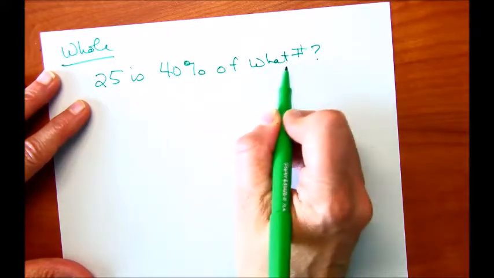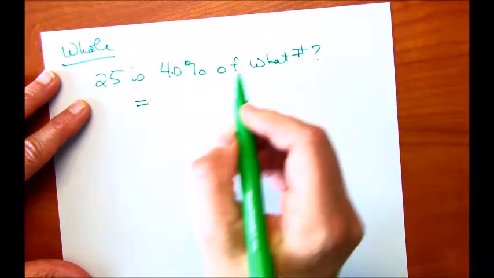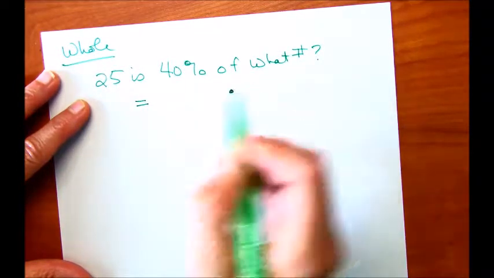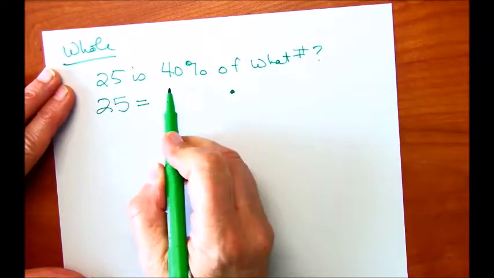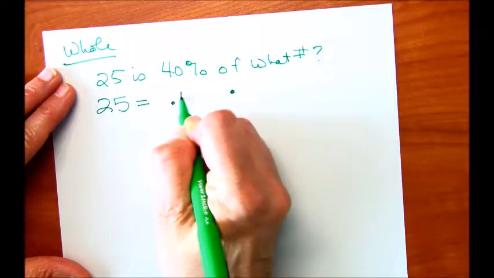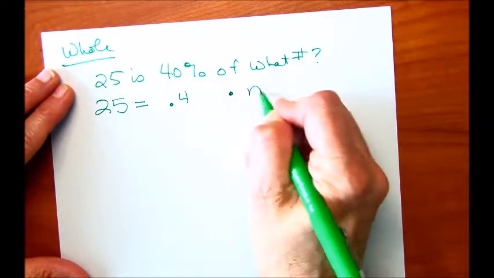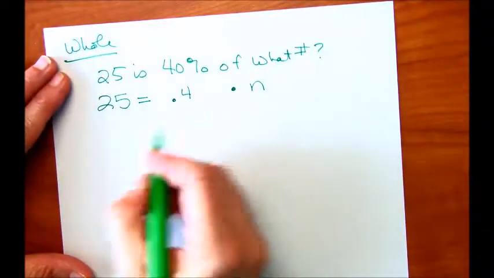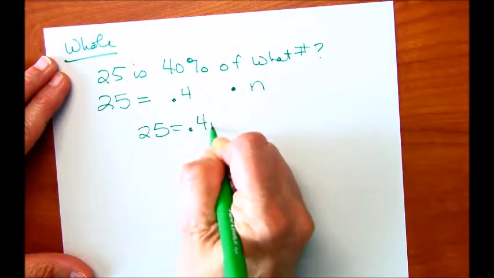This will represent our whole. Remember, is means equal, and of means multiply. So we just bring down the 25 equals 40% as a decimal, which is 0.4 or 0.40. And we don't know what this is, so we're just going to have n. And if you want to tighten it up and make it look a little cleaner, we'll have something like this.